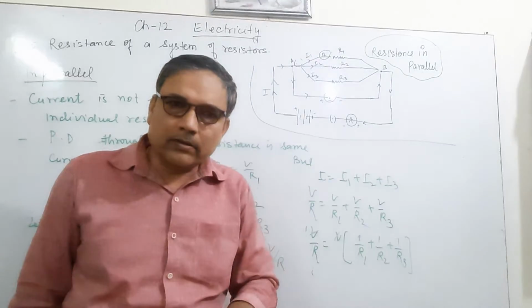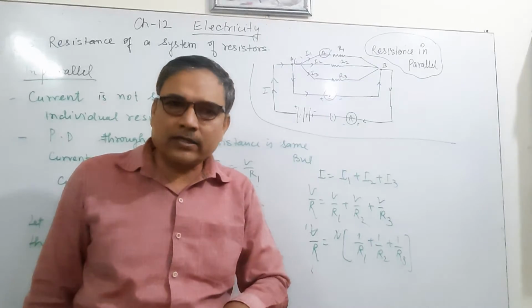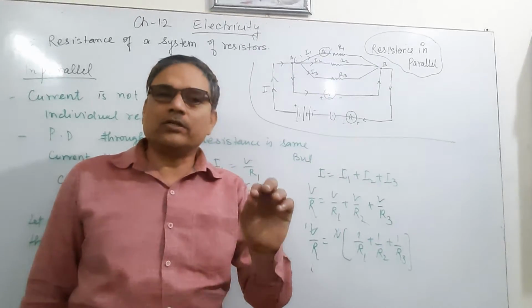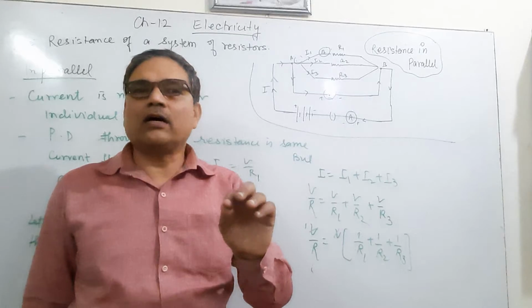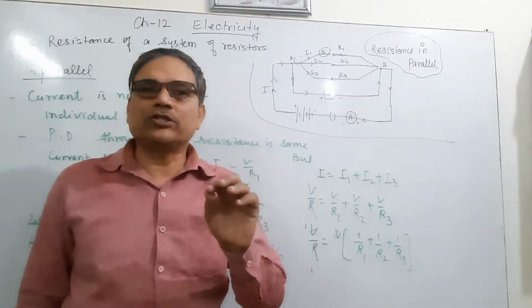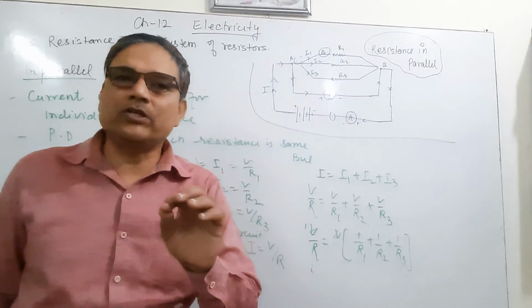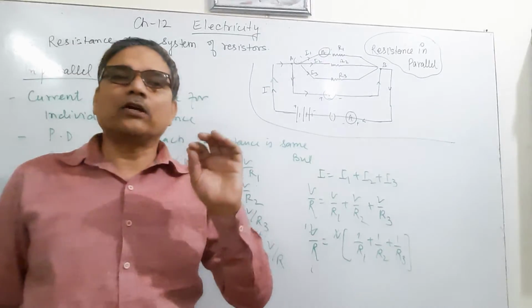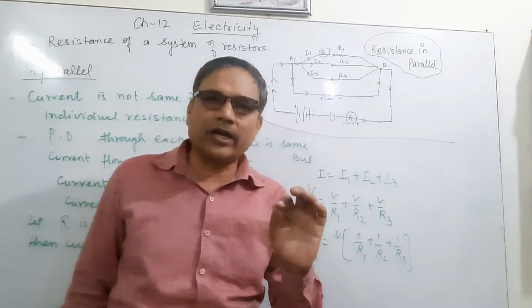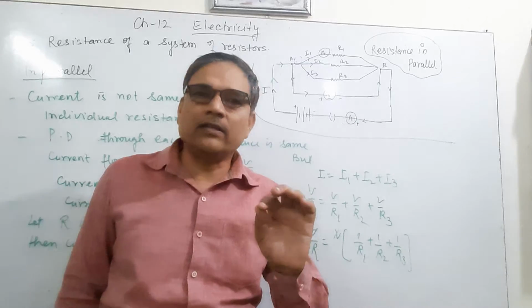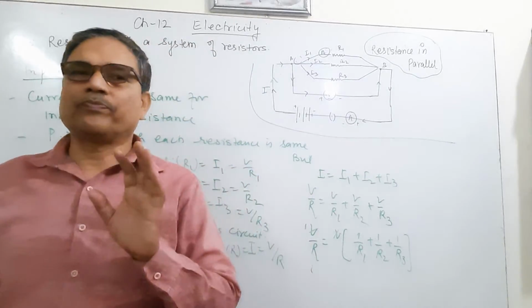In parallel case, the total resistance is always less than the minimum individual resistance. We can say the total resistance in the circuit is always less than the individual resistance.